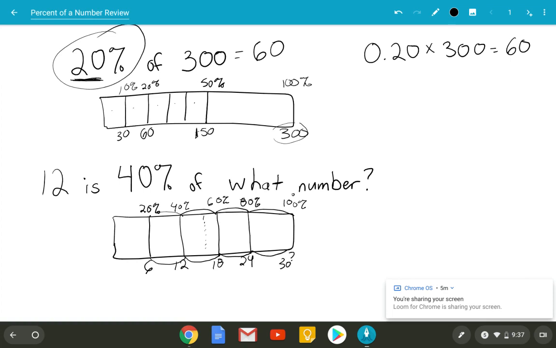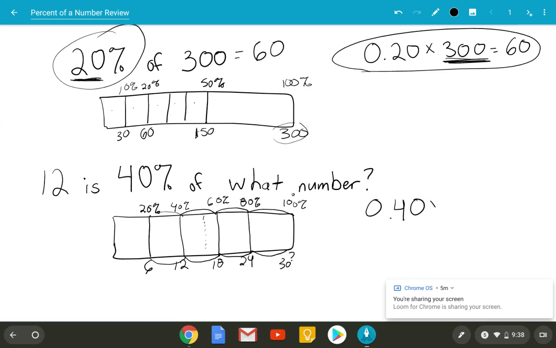Another way, just using decimals, if the percent bar model doesn't work for you and you just work well with numbers. If we were writing an equation, the only problem is we don't know what our whole is, but we could say 40%, which would be 0.40, of some number, I'm just going to put a question mark, is 12.